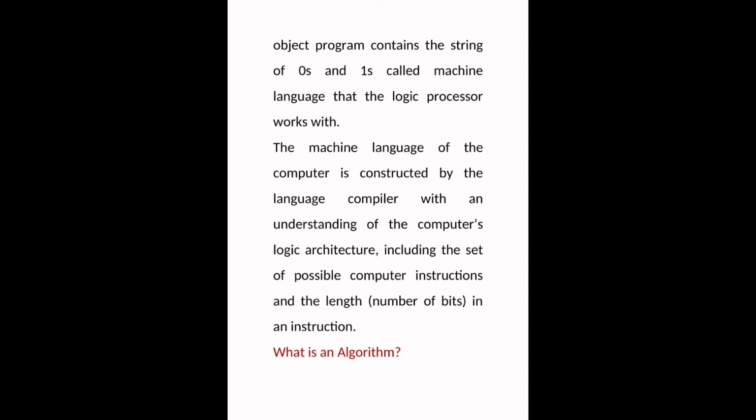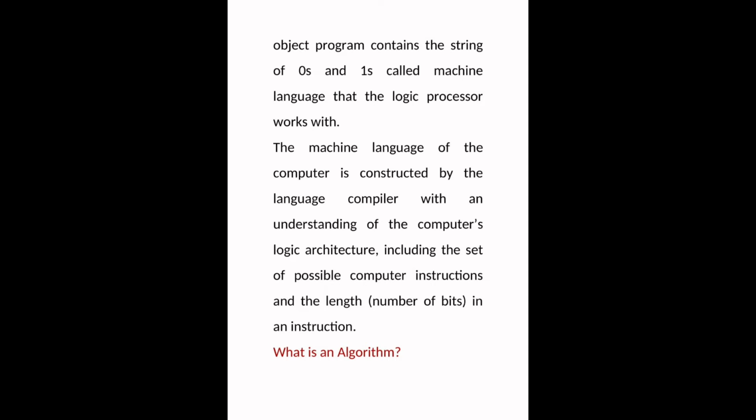The compiler's work is to convert the high level language, which humans can understand, into machine language, or low level language, or binary language, which is understood only by the machine. That is the work of the compiler.